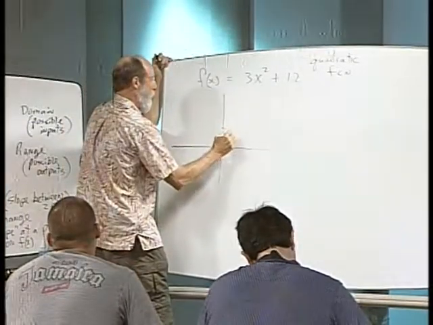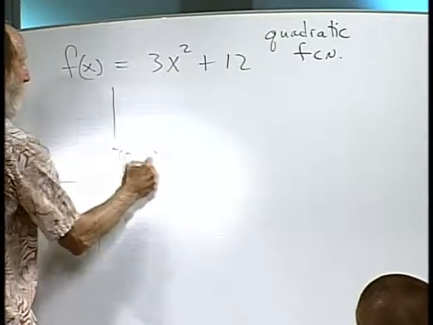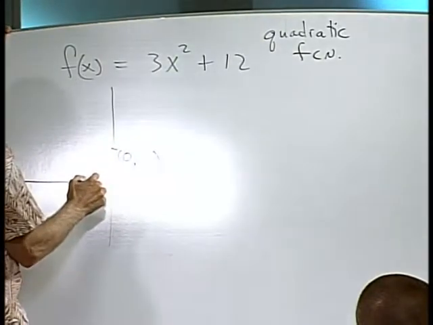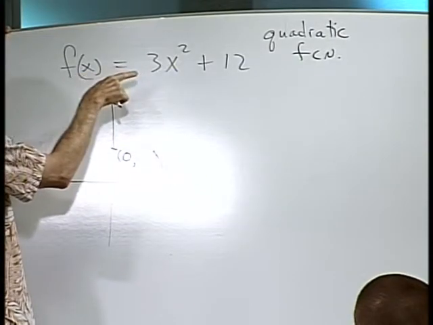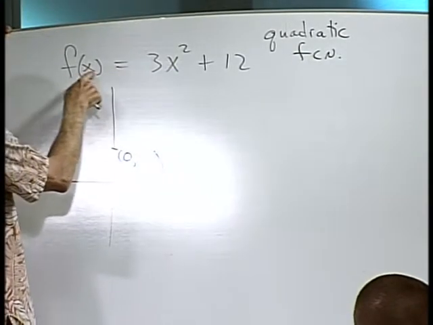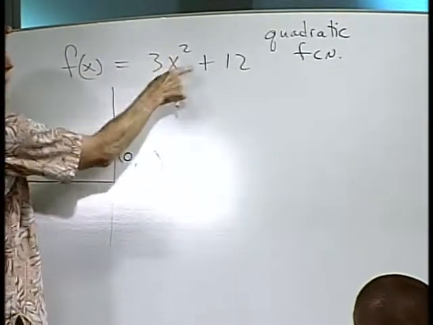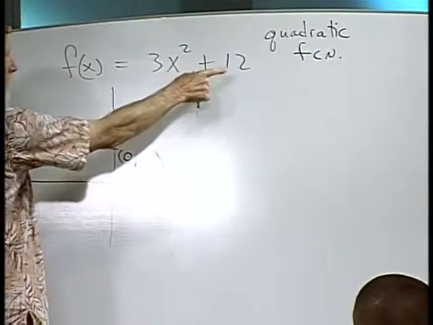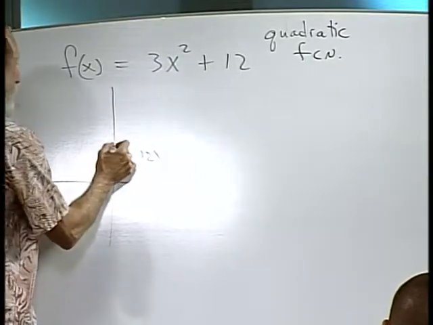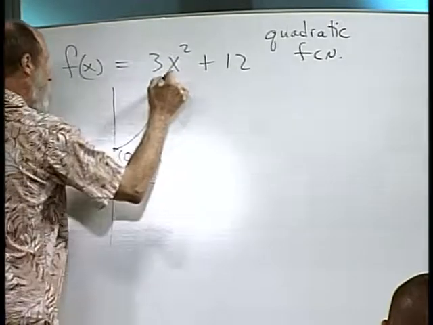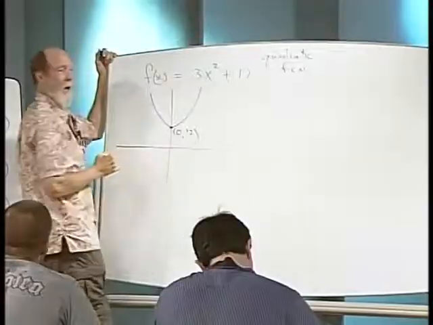It's going to have a y-intercept at, now we all can do this, (0, 12). You put an input of 0 in, what do you get? 12. Put a 0 in here, this quadratic term disappears, and you're left with 12, right? Okay, from there, this particular graph is going to take off up like this and up like that.